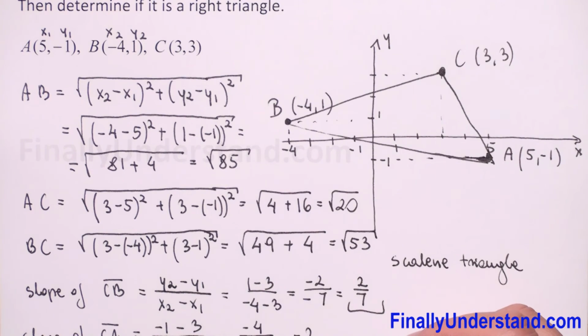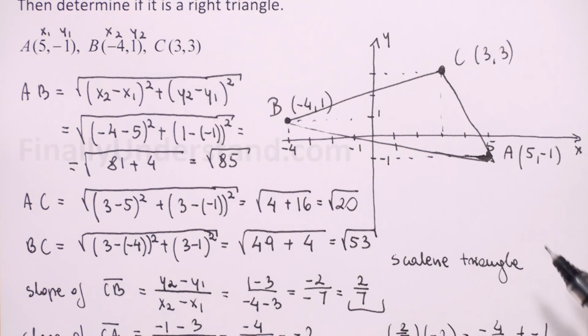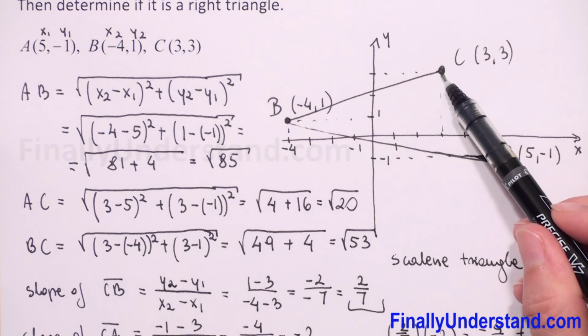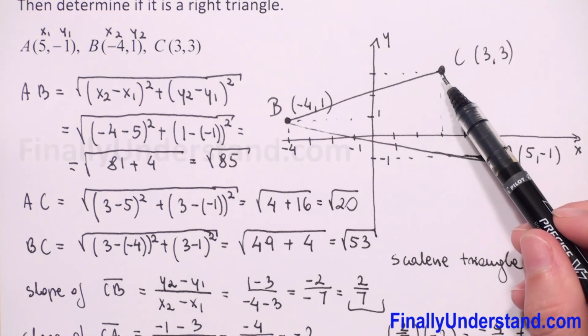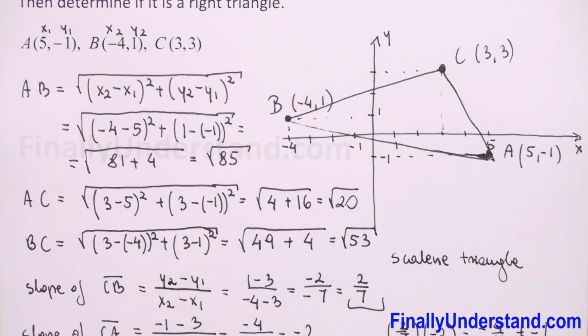So now the product of the slopes is 2 over 7 times negative 2, this is negative 4 over 7, which is different from negative 1. So for sure our angle C is not a right angle. Because angle C is not a right angle, it means that our triangle is not a right triangle.